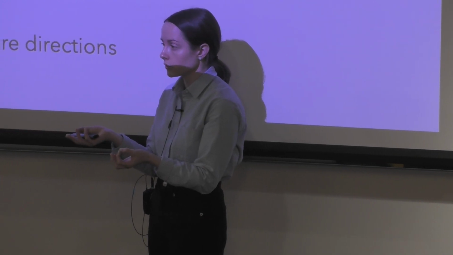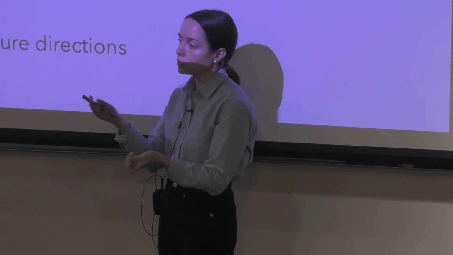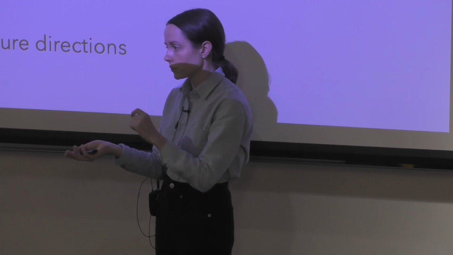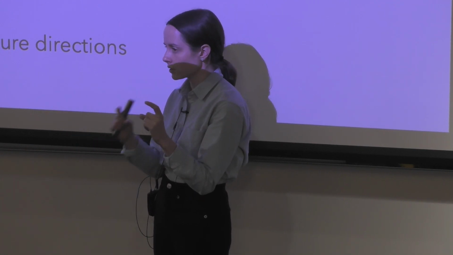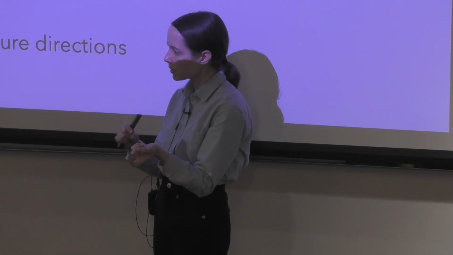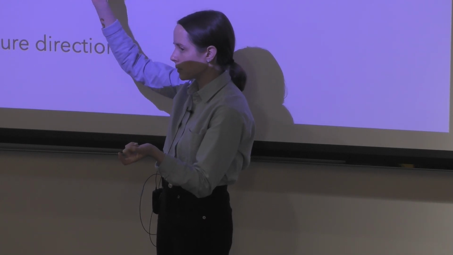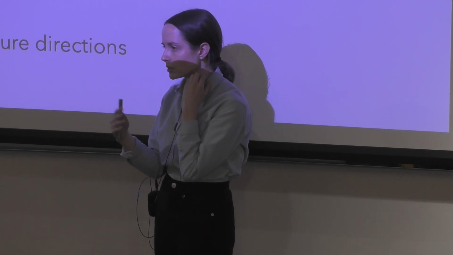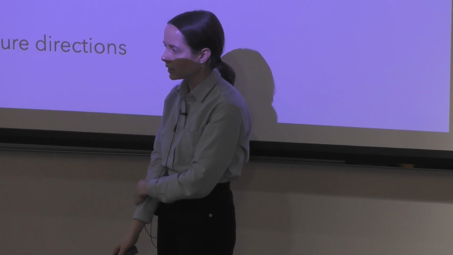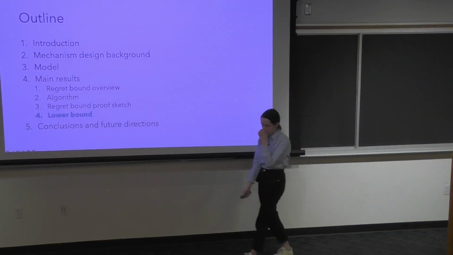It could be interesting, because we would need to sell the item for free at the very beginning, so you might incur regret from producing the item but selling it for free. That would be another source of regret to be careful about. I think you would still get about the same bounds, because fortunately that first phase is relatively short in the grand scheme of things. That's an interesting question.